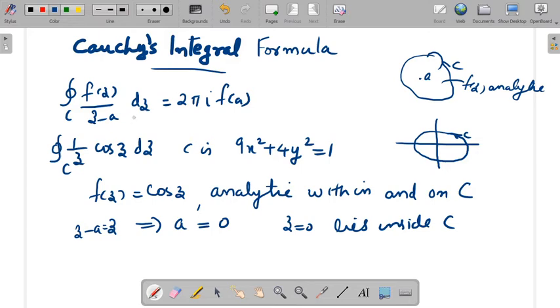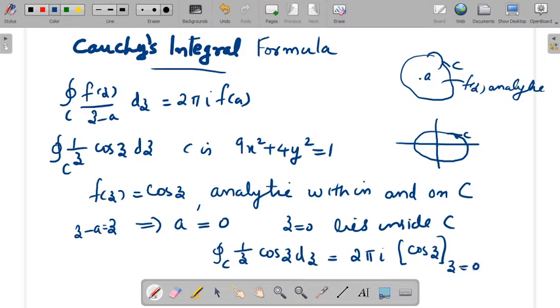So you can apply this result. This is a simple closed curve. The ellipse is a simple closed curve. So integral over C 1 by z cos z dz will be equal to 2 pi i into f of a, f of z is cos z evaluated at a. Here the value of a is 0. So we get this is equal to 2 pi i into cos 0, which is equal to 2 pi i.